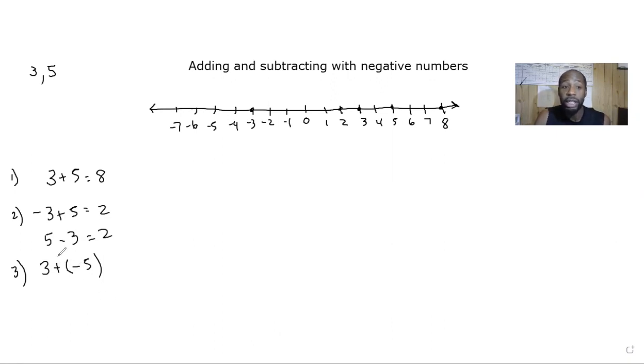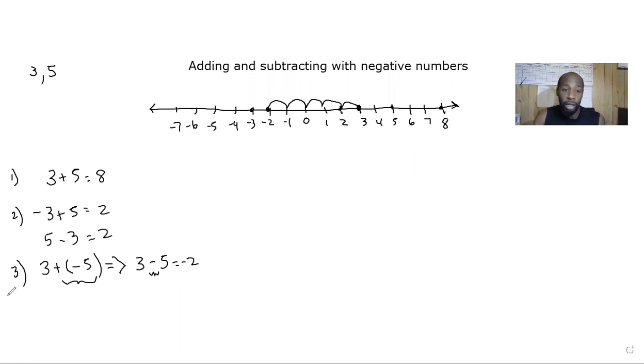So 3 plus -5 is the same thing as 3 minus 5. That negative just changes the sign to a minus. That's a simpler way of writing it. 3 minus 5 is -2, and let me show you. If you start at 3 and you take away 5, 1, 2, 3, 4, 5, that is -2. So if you add a negative number, it's the same thing as just subtracting that number.